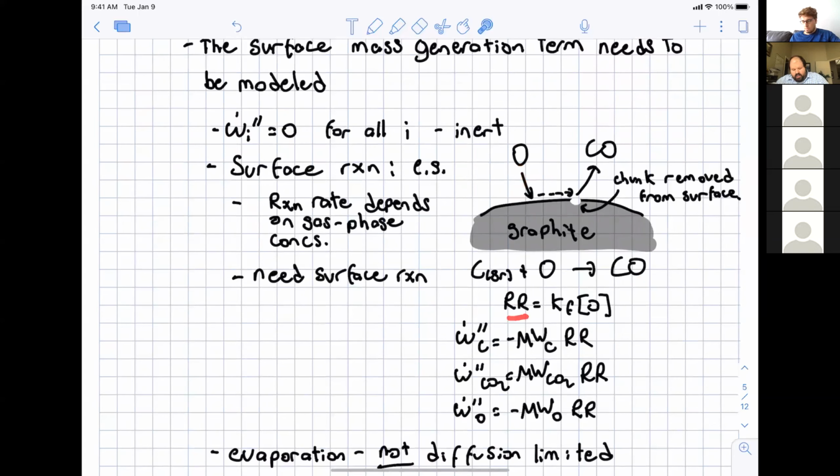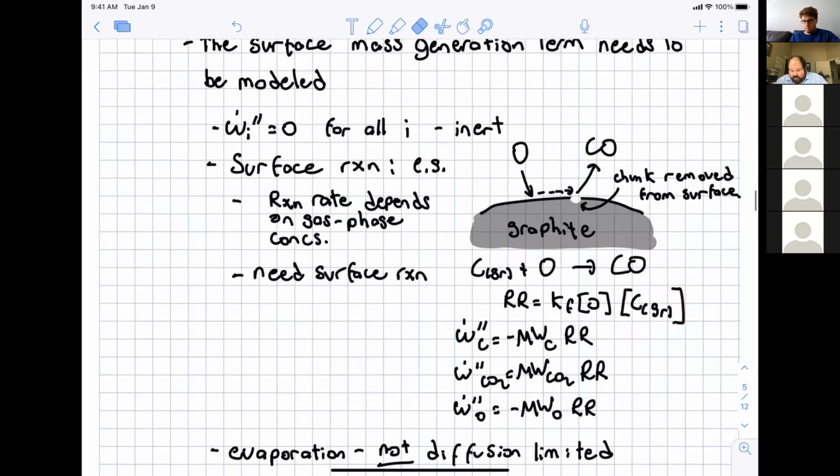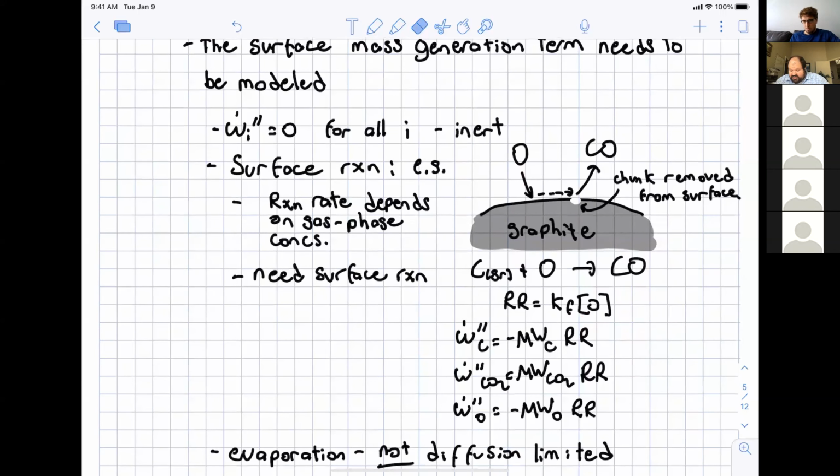So a reaction rate would be an Arrhenius rate constant times the concentration of oxygen. It is normally not multiplied by the concentration of carbon graphite, because that quantity is not really changing, since it is occurring only on the surface. You could think of the concentration of carbon graphite near the surface as not changing.